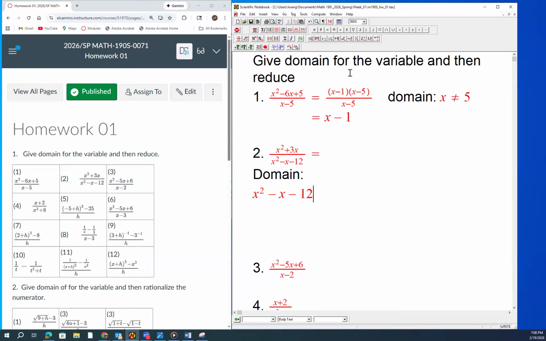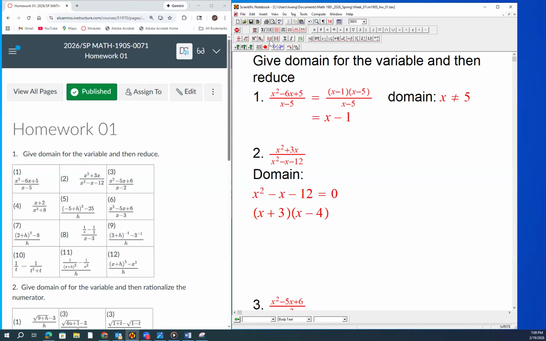If we set it equal to 0, then whatever number causes the denominator to equal 0 will be excluded from the domain. So when solving this equation, our goal is to find the numbers that cause the denominator to equal 0 and exclude them from the domain. So then we factor: x plus 3 times x minus 4.